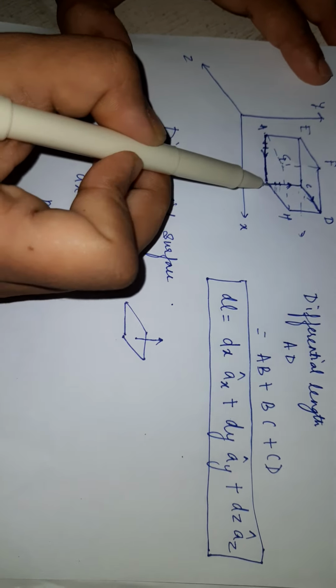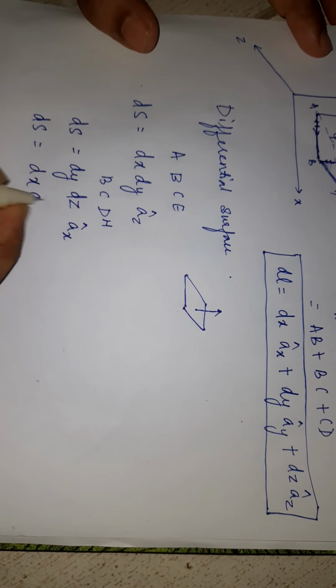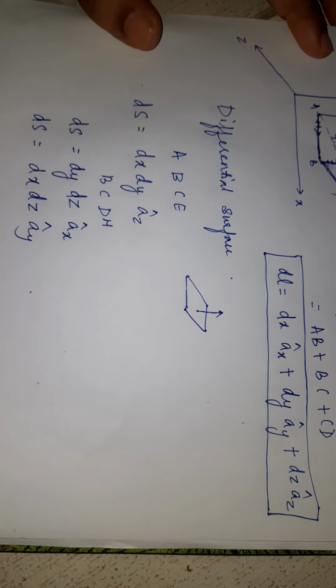So I will say the differential surface is dy into dz ax cap. Similarly, the other one, you can find out for yourself, will be dx dz in the ay direction. Whatever your question is, accordingly you can take out the surface you need. Depending on the surface that is given, you can differentiate it and take out your surface area.